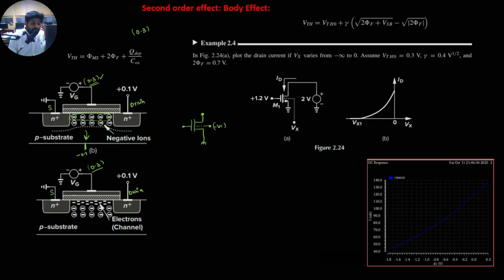Now when there are more ions in the depletion region, this is the indication of the charge. So this is nothing but a pure depletion, right? The depletion region where the charge, the negative ions, is more will have a higher threshold voltage as per this equation, right?